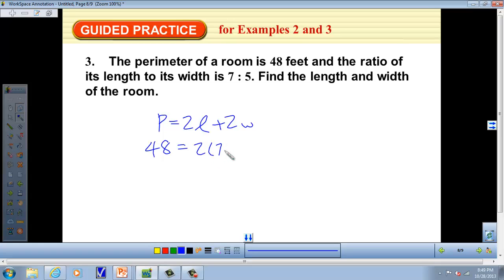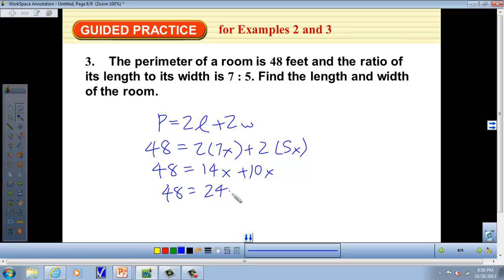This is 2 times 7x plus 2 times 5x. This is going to get us 48 is equal to 14x plus 10x, or 48 is equal to 24x, dividing both sides by 24. We have x equals 2.